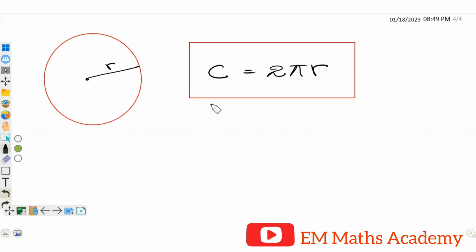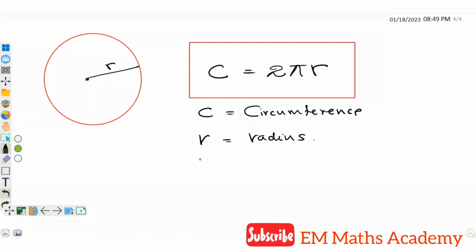Okay, then if we define these terms, capital C is used to find the circumference. Here r is the radius. Then what is pi? Pi is 22/7, or pi is 3.14.